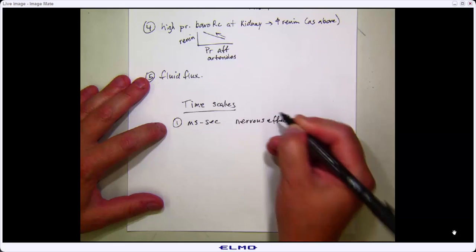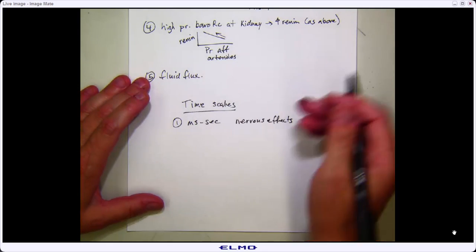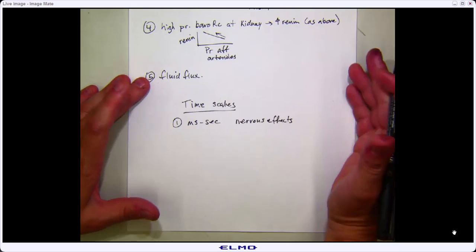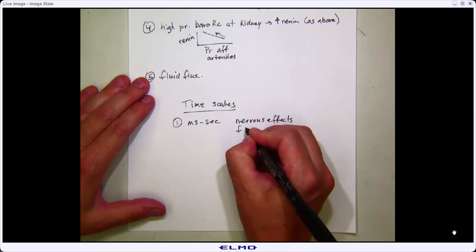So what am I connected to directly through the nervous system? And since fluid flux is really just all physics, that really is happening on a very fast time scale as well.